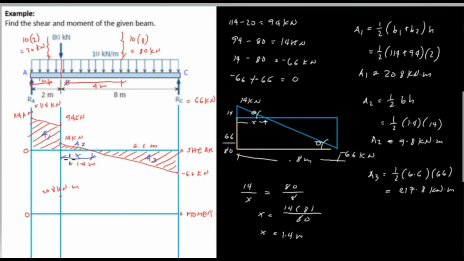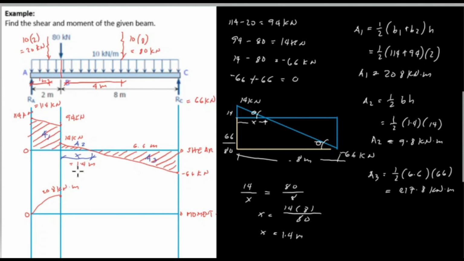When the shear diagram is increasing, which means going up, the moment diagram is concave upward. When the shear diagram is decreasing, the moment diagram is concave downward. So in this case, the shear is decreasing from A to B. Therefore, the shape of the curve is concave downward, from 0 to 208, and that's the curve from A to B.